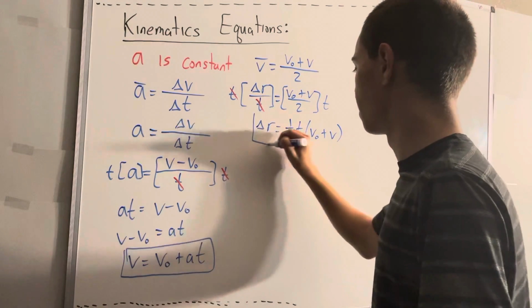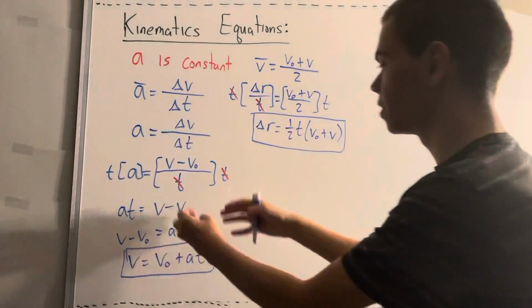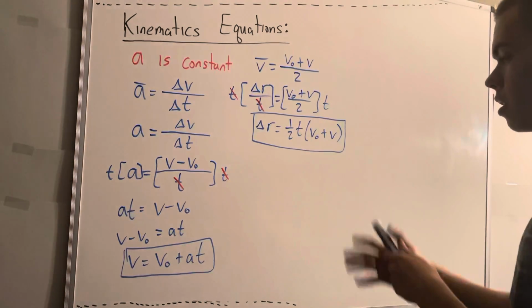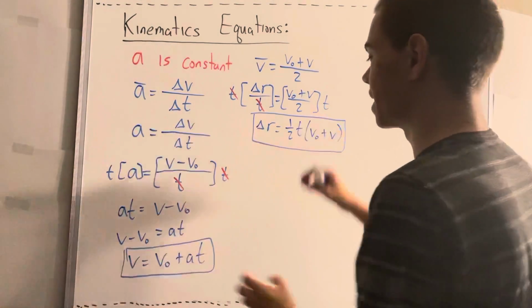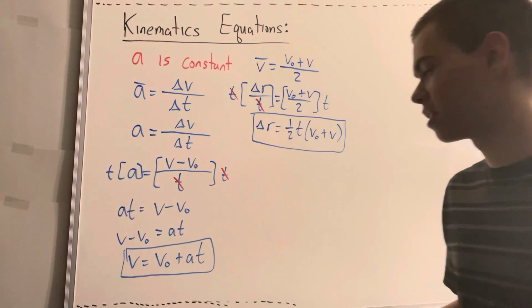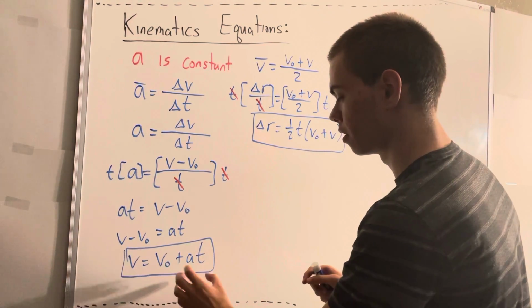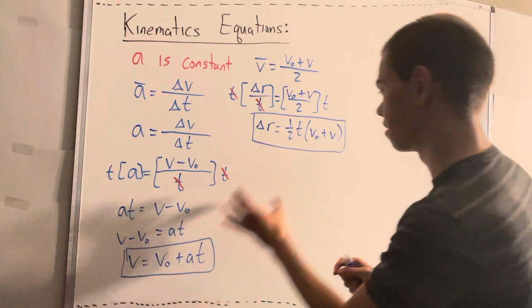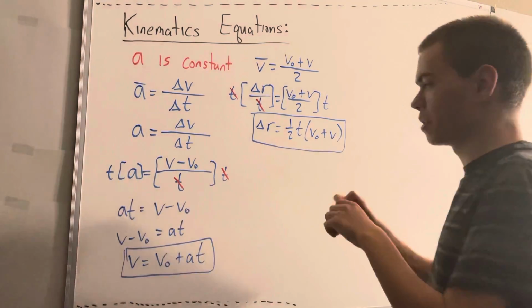And so this is another kinematics equation. As you can see, we now have two kinematics equations. So next we're going to combine both of these kinematics equations. Check this out. If v is equal to v sub 0 plus at, then why don't we just substitute this into here? That would give us another equation, so let's just do that.